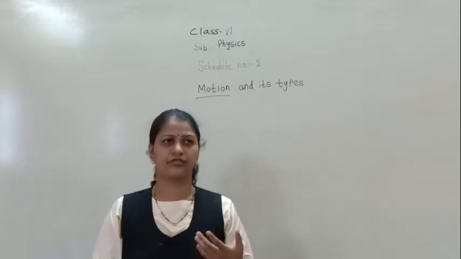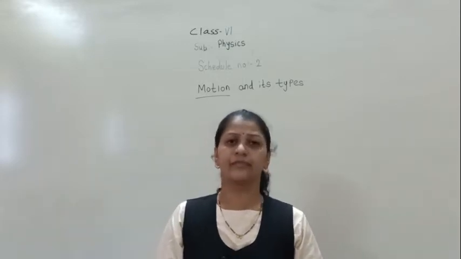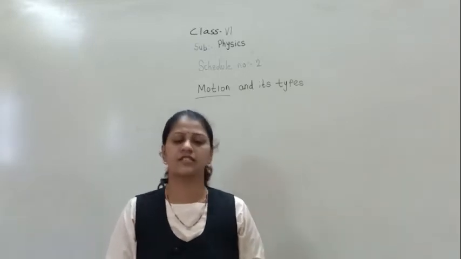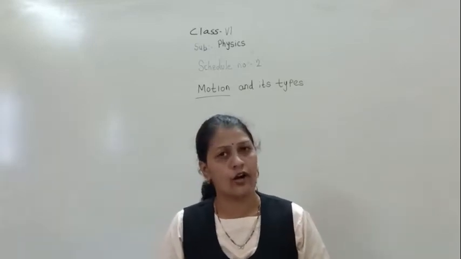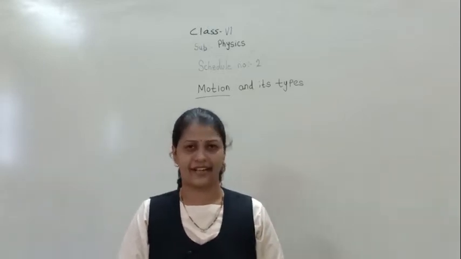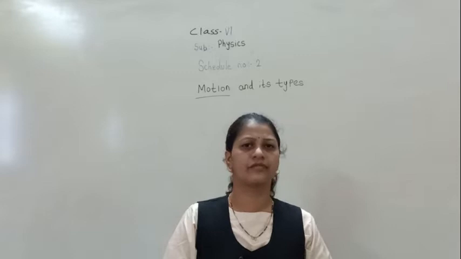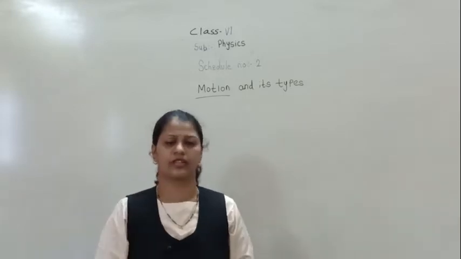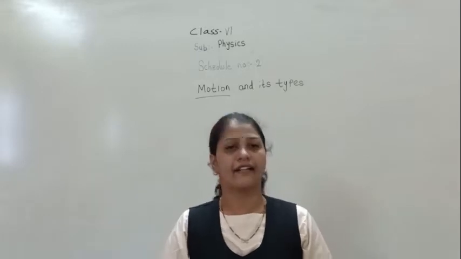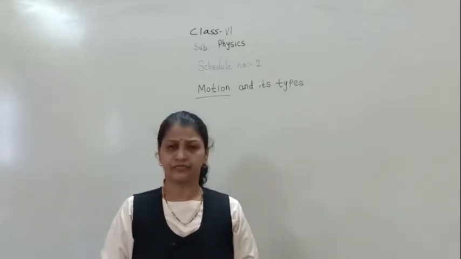Non-periodic means which cannot occur at a particular time. It can occur any time. Such motions are called non-periodic motion. Then we have discussed random motion. Random means which moves anyhow. Such a motion is called random motion.